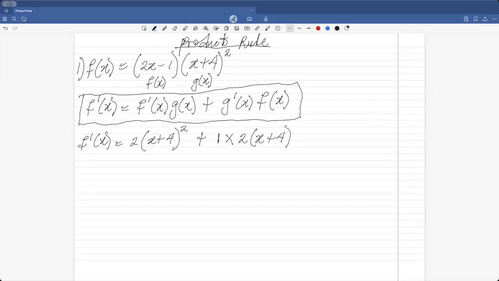So we now follow it by the function f(x), which is (2x - 1). So we can simplify further by saying 2(x + 4) to the power of 2 plus 2(x + 4)(2x - 1).